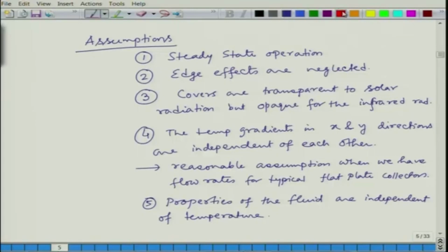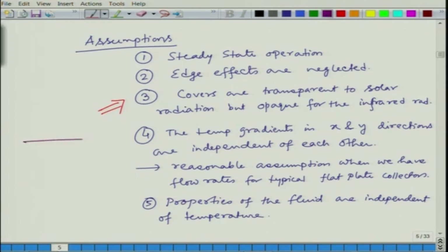Now, as I promised, I will come back to this particular assumption, which says the covers are transparent to solar radiation, but opaque for infrared radiation. So, let me discuss this a little bit. Okay.